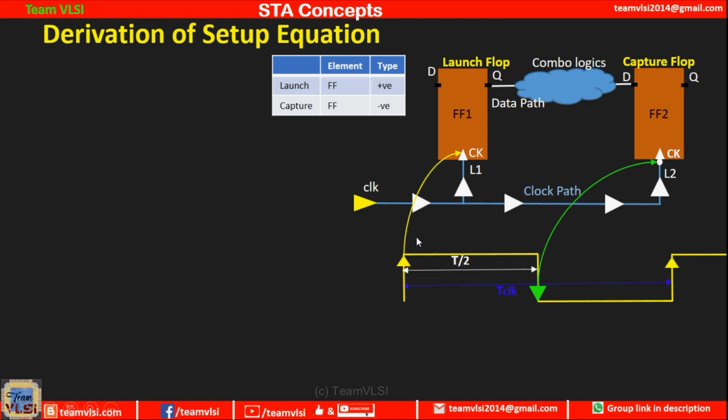Once the clock reaches here, it will launch the data, and before T/2 time it should be captured by flip-flop 2. So mathematically we can write theta should be less than T/2 instead of T, as we discussed in the previous session.